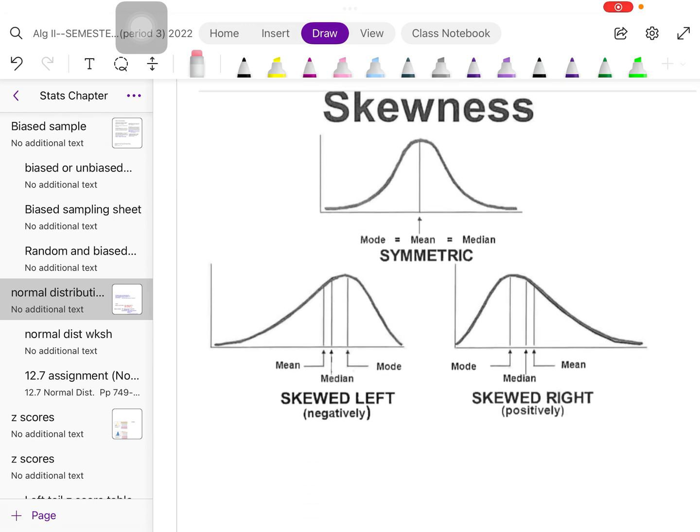Now, something else that shows our dispersion is called skewness. It's how our data falls. So when we have a true bell-shaped curve, this is called a normal distribution.